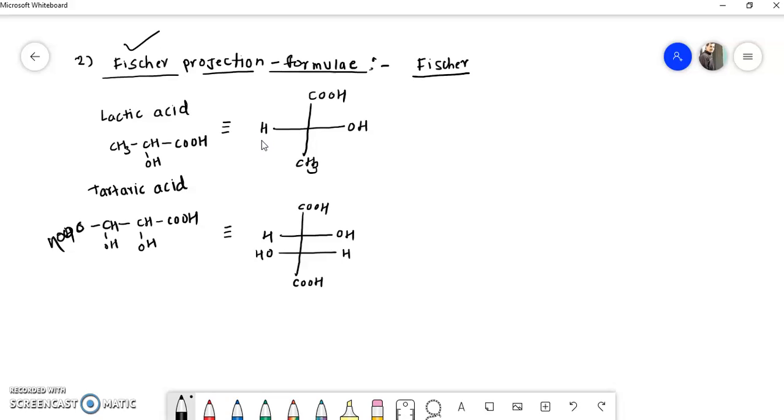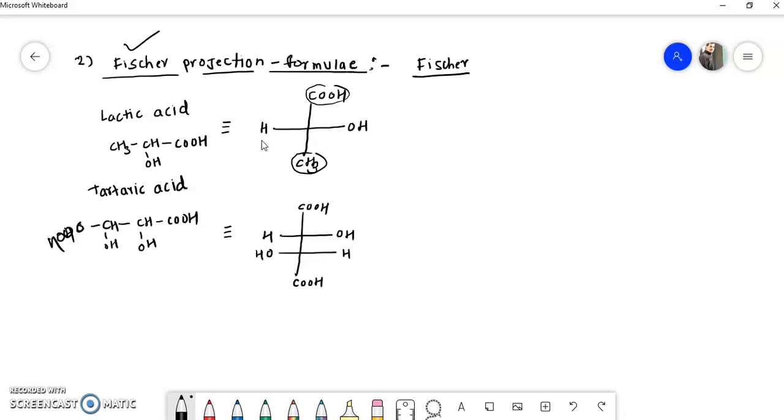Now see here first this representation. You will observe here that the COOH group is on the top and the CH3 group is on the bottom, and then hydrogen is on the left hand side and OH is on the right hand side. Now actually this molecule is like this.